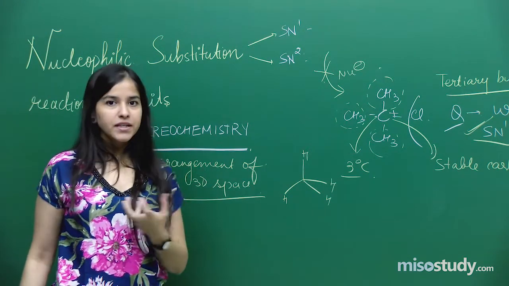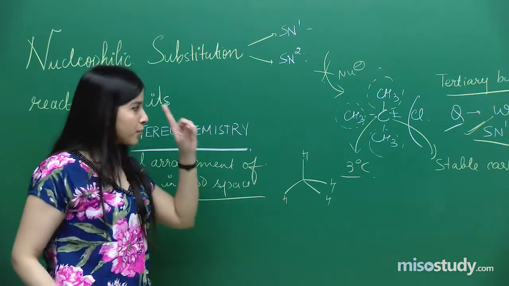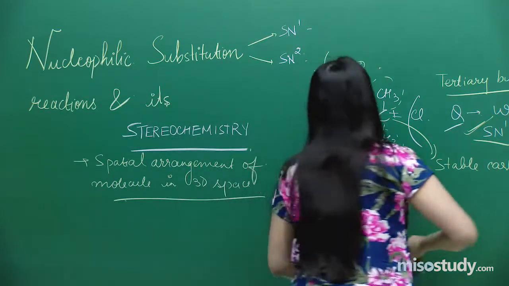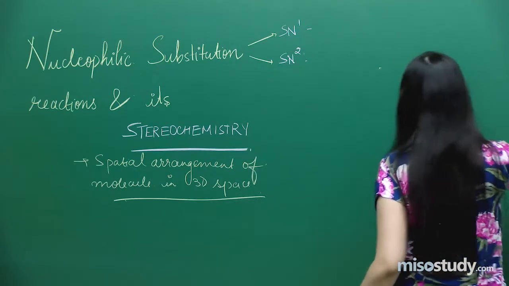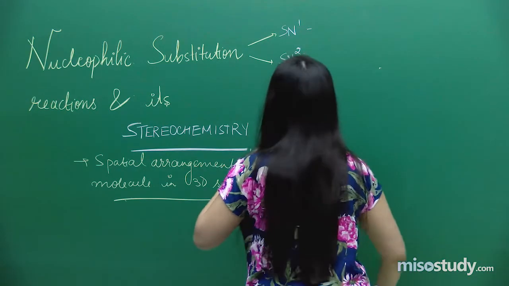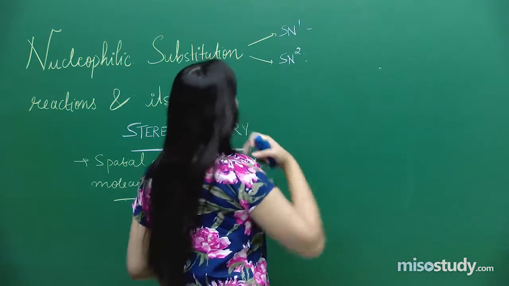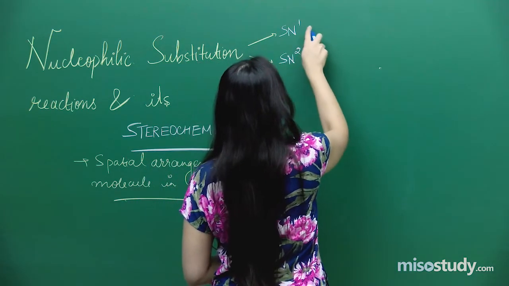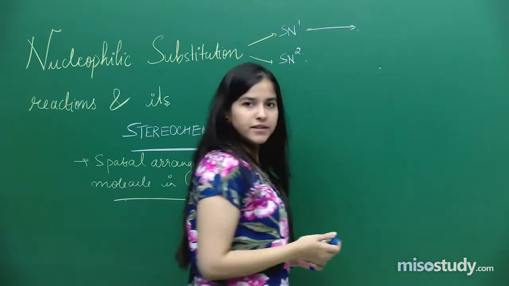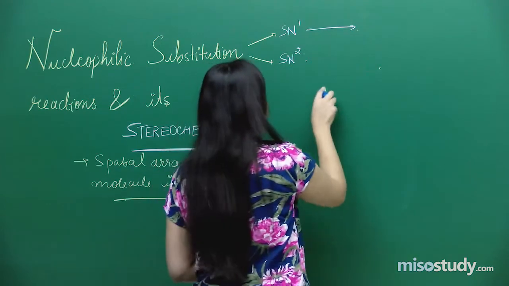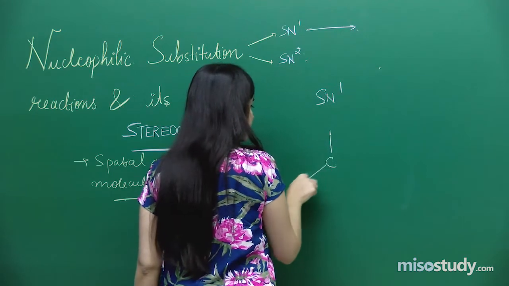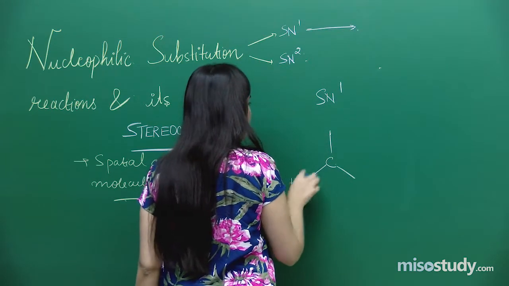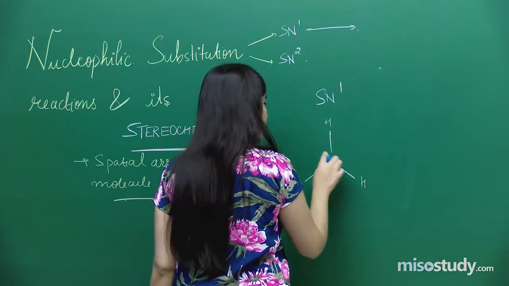Definitely we are considering each and every reaction in 3D. But let me give you an idea why we are concerned about the stereochemical aspect, specifically in nucleophilic substitution. If you see over here, in SN1, there was the formation of a carbocation, remember?